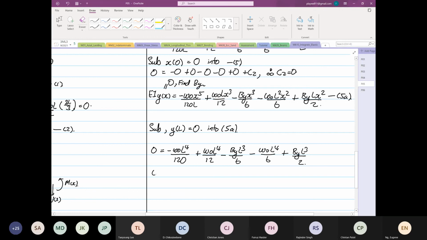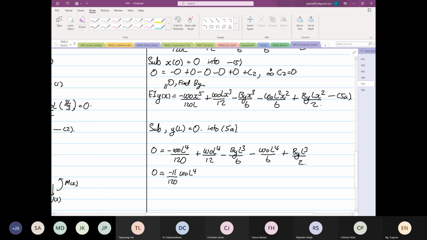Okay, so this is 0, and then this will be equal to minus 1 over 120 plus 1 over 12 minus 1 over 6. So this is equal to minus 11 over 120, right? Omega naught L^4.